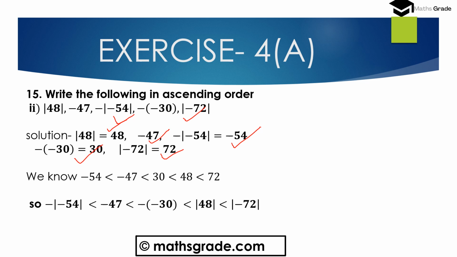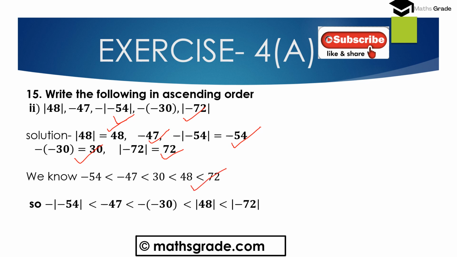Now we have to arrange these integers in ascending order, that is smallest to the greatest integer. We know minus 54 is less than minus 47, is less than 30, is less than 48, is less than 72.